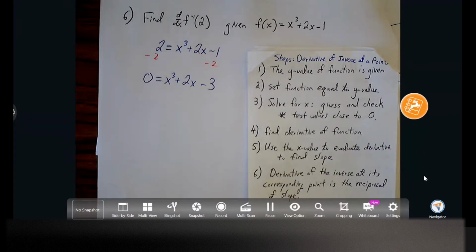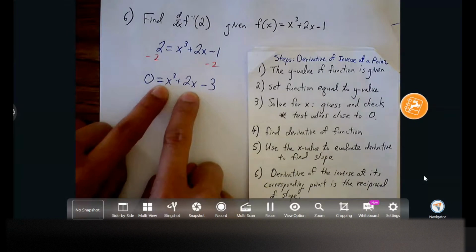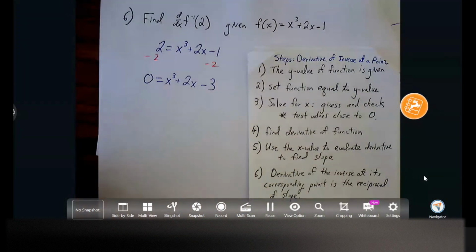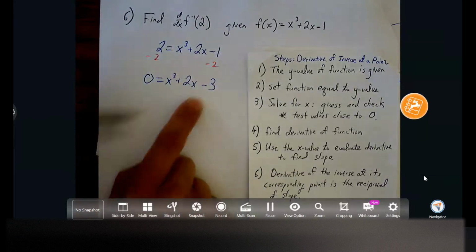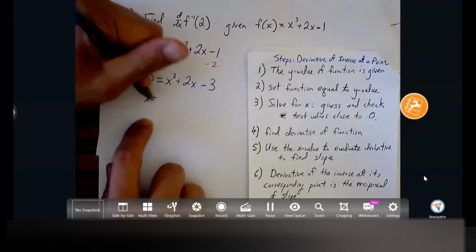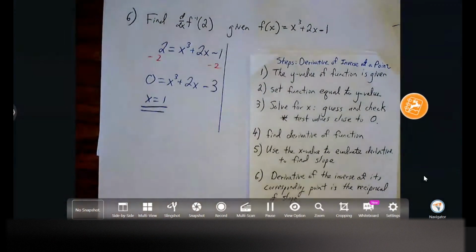Does 0 work? If I plug 0 in for x, it's not going to quite give me the answer, right? What about 1? I think 1 would work. Oh yeah, 1 plus 2 is 3, 3 minus 3, so we have x equals 1. All right, so that's the first step. What's next?